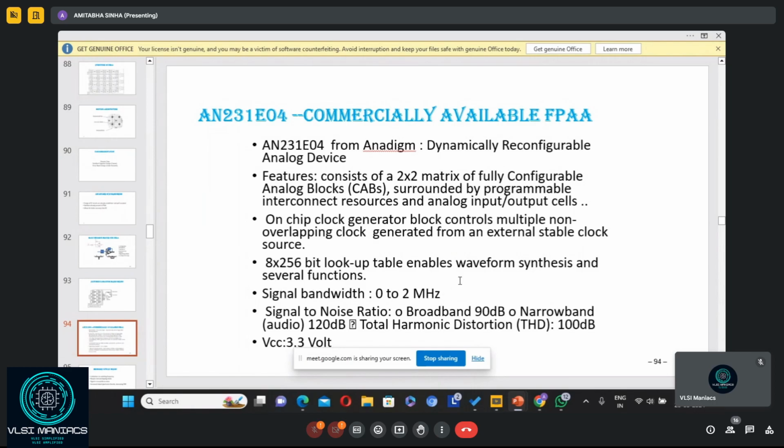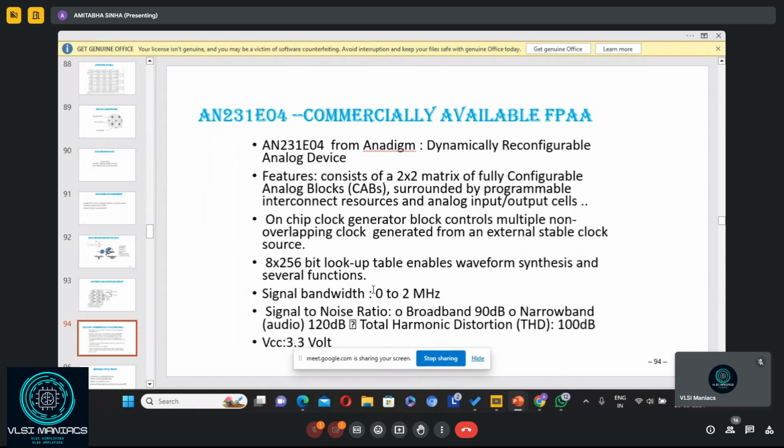So remember this thing, that FPAA doesn't mean that all the problems are solved. For low frequency applications, low in the sense I'm telling you, low doesn't mean some hertz and all. The signal bandwidth is in the megahertz range. Signal to noise ratio is also quite high in fact for FPAAs.